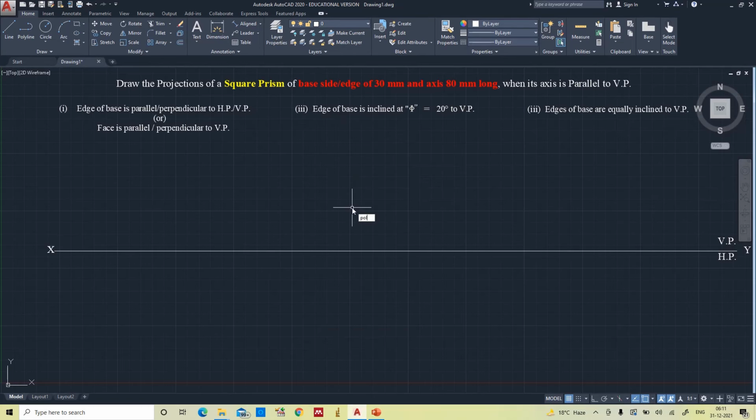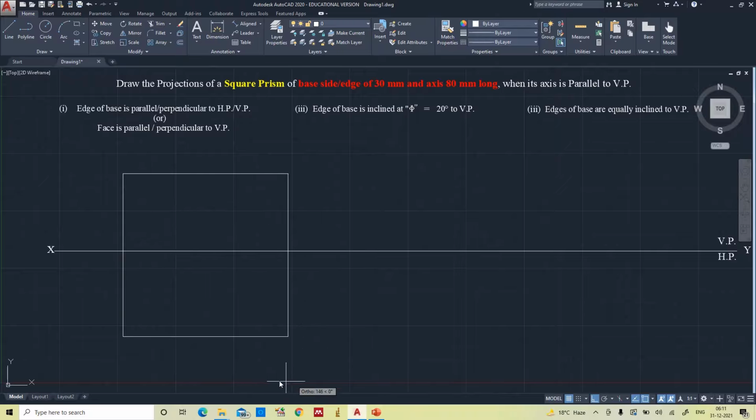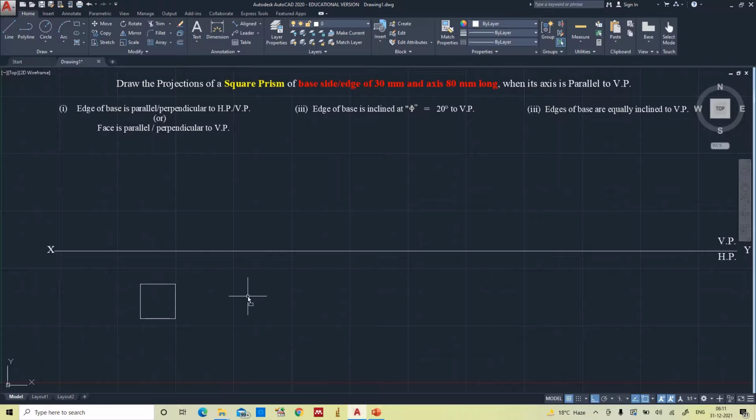So take polygon, number of sides 4, edge method E, enter, switch on the ortho, 30. Yeah.